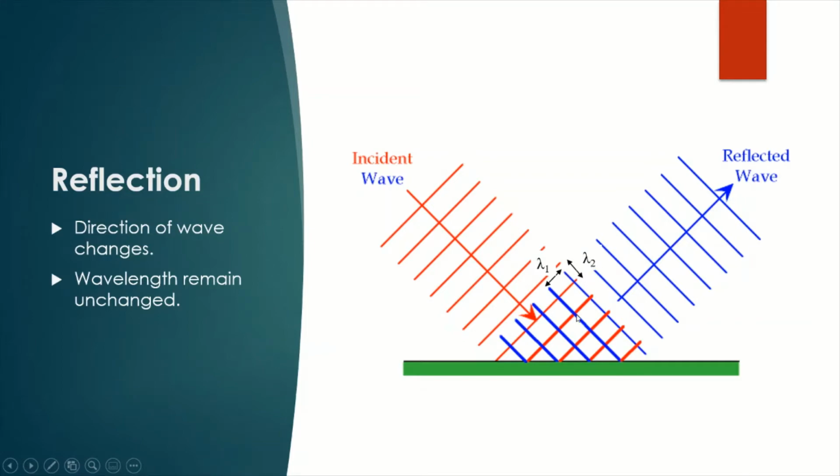The square tells us that this lambda 1 equals lambda 2, meaning to say reflection does not change the wavelength, right? Incident wave and reflected wave have the same wavelength. So reflection changes the direction of wave, but the wavelength remains unchanged.